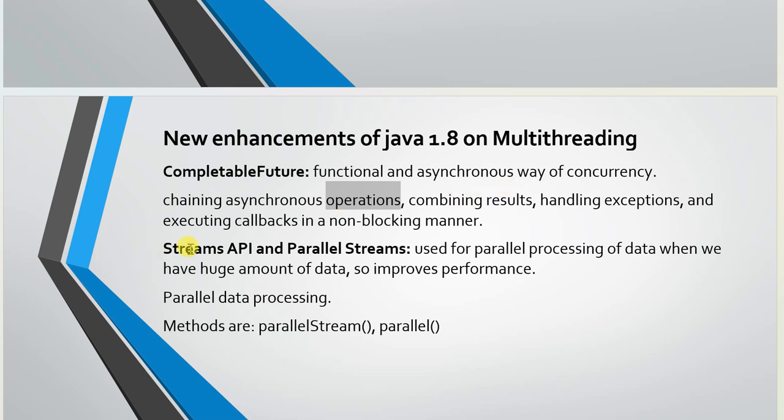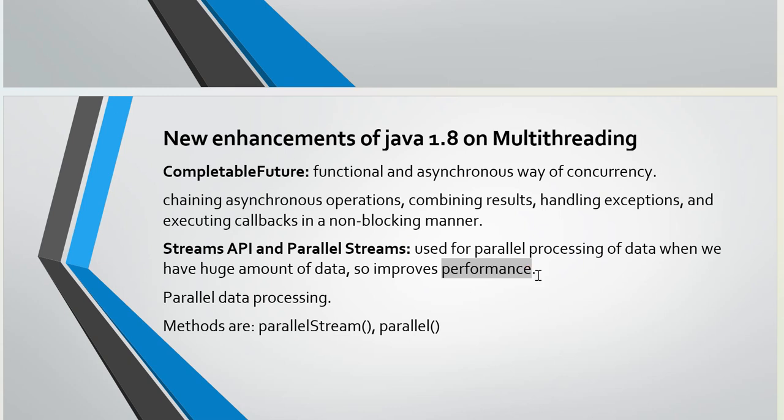So in Stream API, we know that in Java 1.8 they introduced the Stream API. Let's see what that is, the Stream API and the parallel streams. These are used for parallel processing of data when we have a huge amount of data, and they improve the performance.